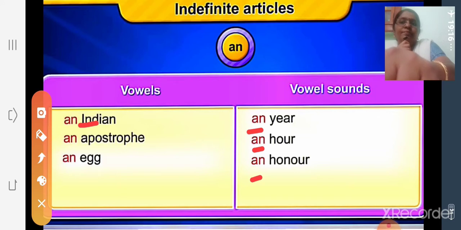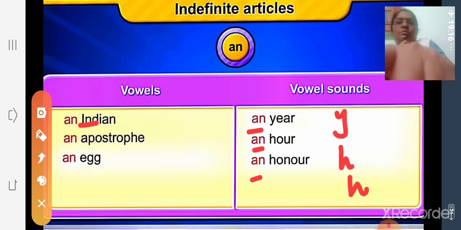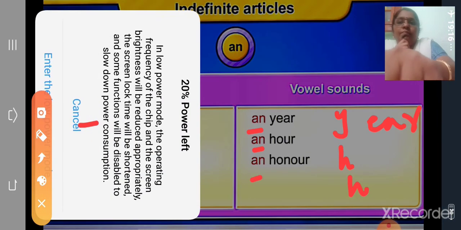Here the beginning letters are consonants, H and H. Even then, an is used. You know why? Because here the H is silent in these words, which are pronounced just like air, and ear, E-A-R.